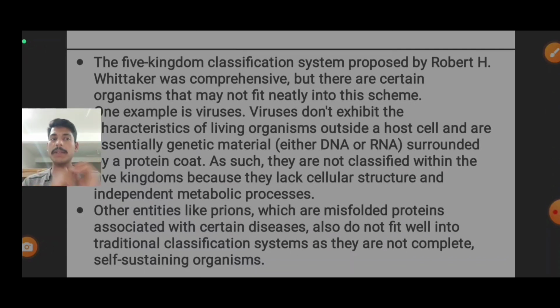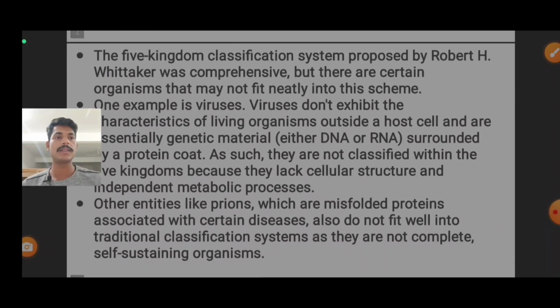The same applies to prions. Sometimes, due to some mutations or alterations coming from the external environment, our own proteins become pathogenic and can disrupt our normal body physiological function. These misfolded proteins are called prions. So prions are also not categorized in the five kingdom classification. We can say these two are the drawback. Okay, let's read these paragraphs.